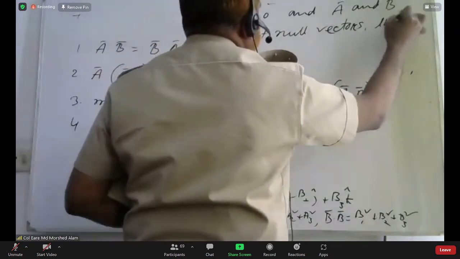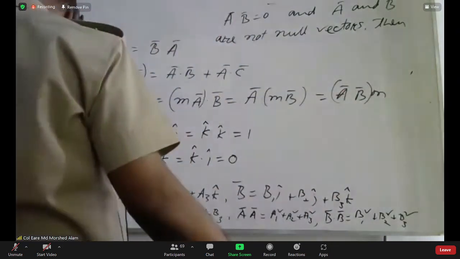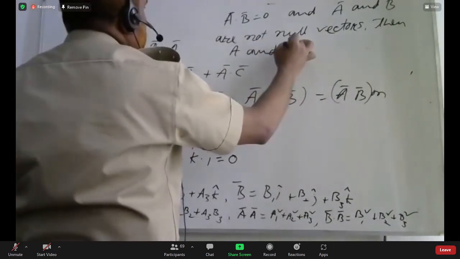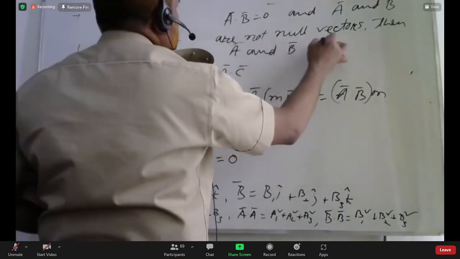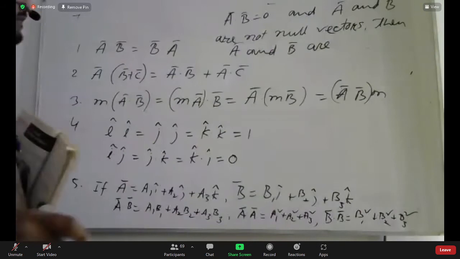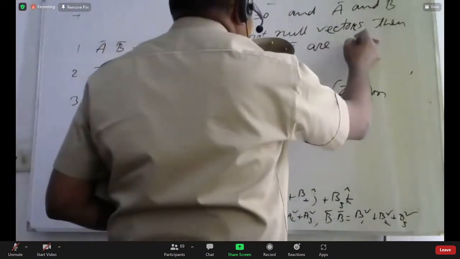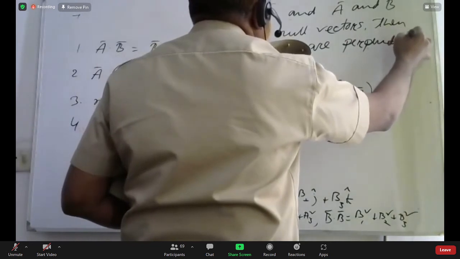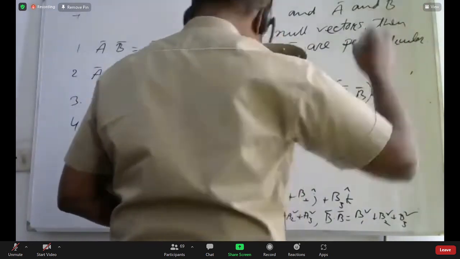Then A and B are what? If A dot B is equal to 0, and if vectors A and B are not null vectors, then A and B are perpendicular. Clear? Yes, sir. You have to remember this. Perpendicular. Right?